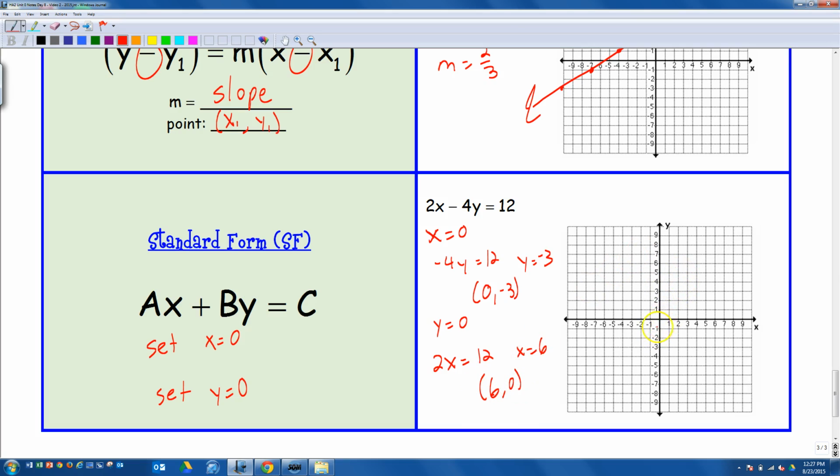And when you have the 2 points, you only need 2 points to sketch a line. So we plot 0, -3, and 6, 0, and then we sketch the line. And then we're done. And that's all I need to see for standard form. Set each letter equal to 0, solve for y and x, and you get your 2 points, connect the dots. And that is an intro to lines. Again, we'll learn more about these three forms in class tomorrow.